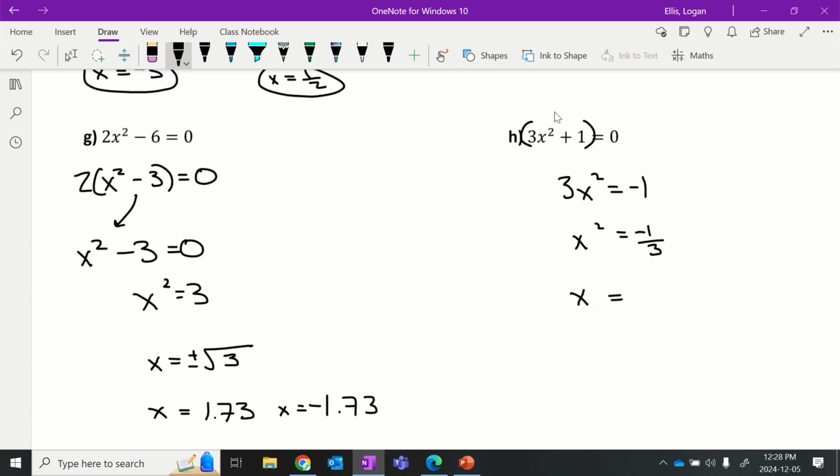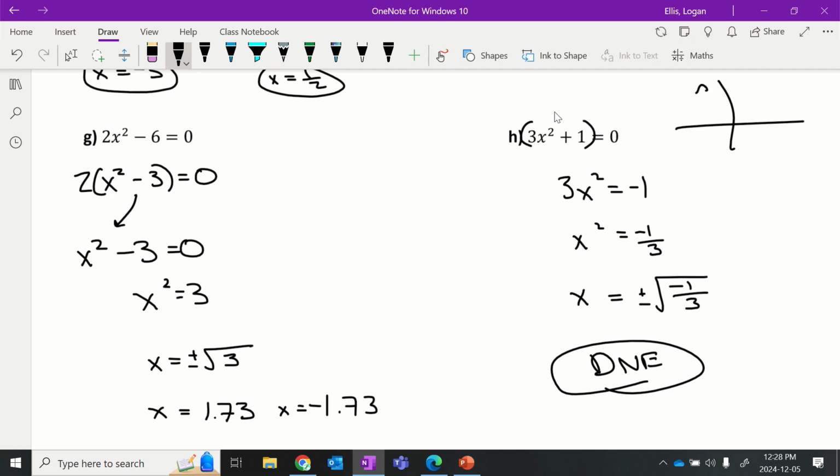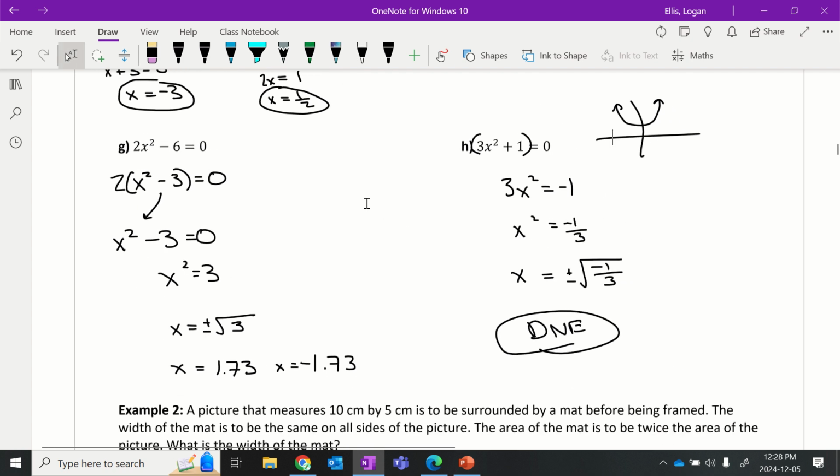And then when you do the same trick we had on the other side, when you take the square root of -1/3, your calculator is going to say an error or it doesn't exist. And that is true. 3x squared plus 1, it's a parabola that is up here. It never has an answer that equals 0. It doesn't exist. And so that would be a valid answer for that question there.